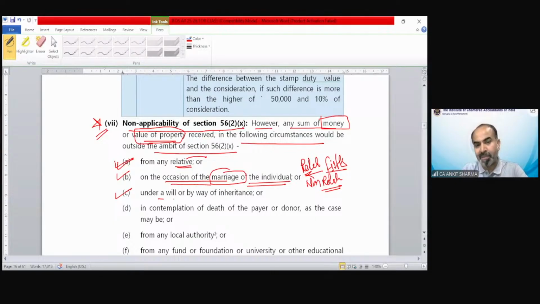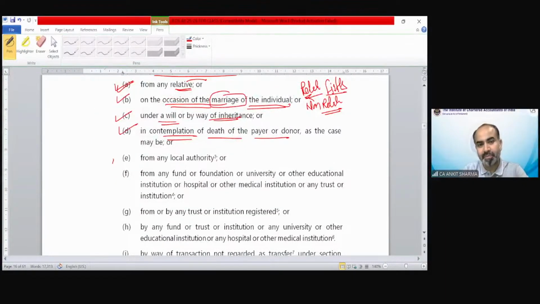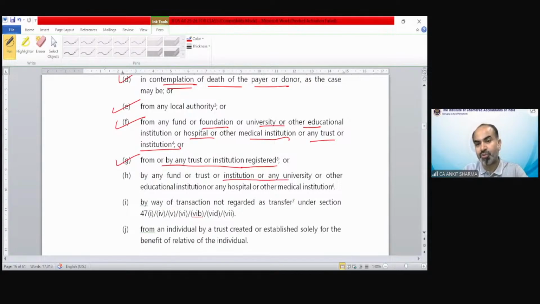The third is again simple: by way of a will or by way of inheritance, in contemplation of death of the payer or donor, as the case may be; from any local authority; from any fund or foundation or university or other educational institution or hospital or any other medical institution or any trust or institution, exempted; from or by any trust or institution registered as specified; by way of a transaction not regarded as transfer under section 47(1), (4), (5), (6), (6)(b), (6)(d) and (7), as we have covered in the capital gain concept.